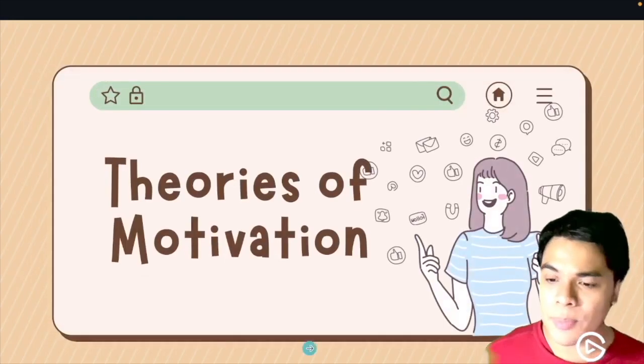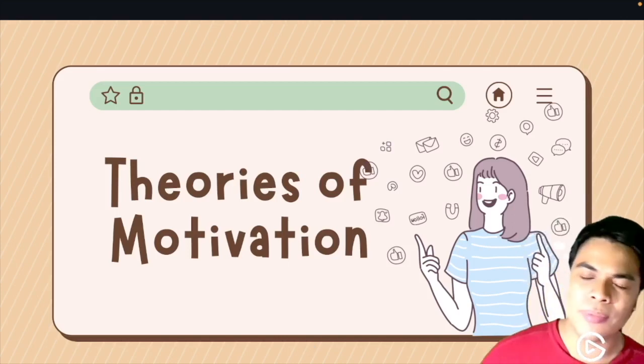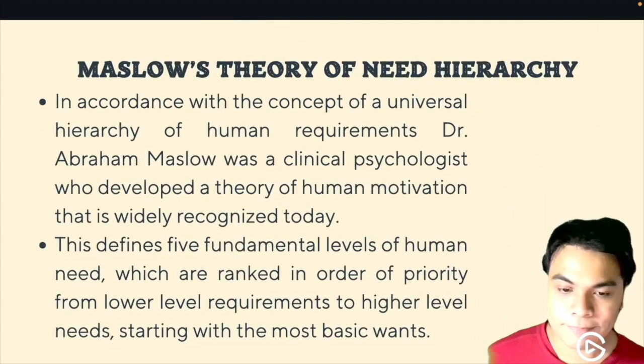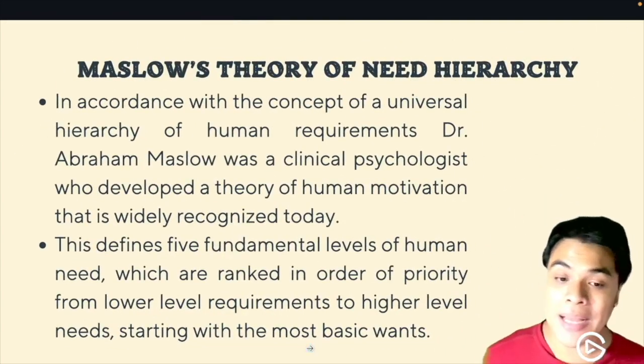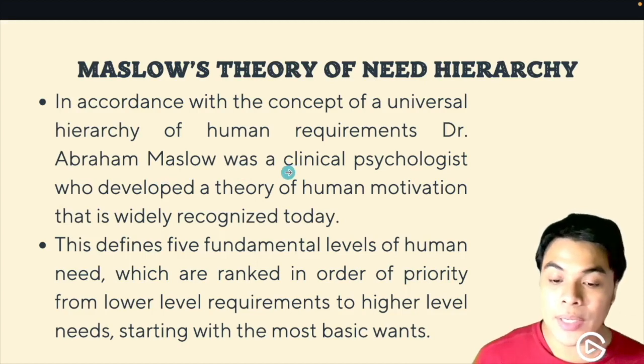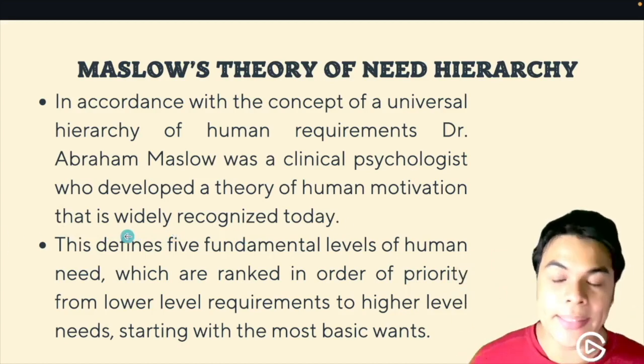Yan. So what are some of the theories of motivation? No, na I think naalala nyo to, na-discuss nyo ito on some of your subjects. And our favorite is the Maslow's hierarchy of needs. In accordance with the concept of a universal hierarchy of human requirements by Dr. Abraham Maslow, he is a clinical psychologist who developed a theory of human motivation, na step-by-step siya na motivation from bottom to top, that is widely recognized today.